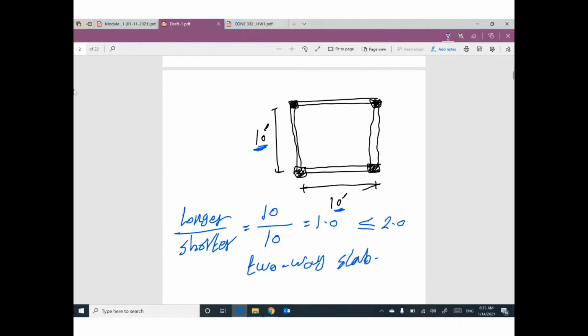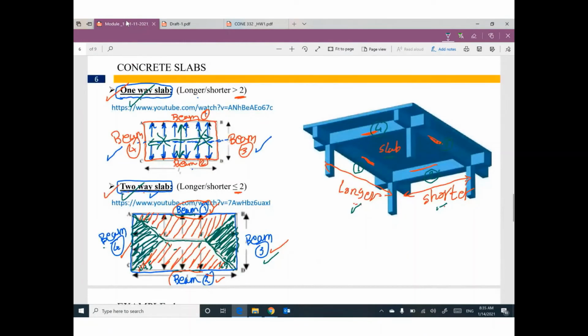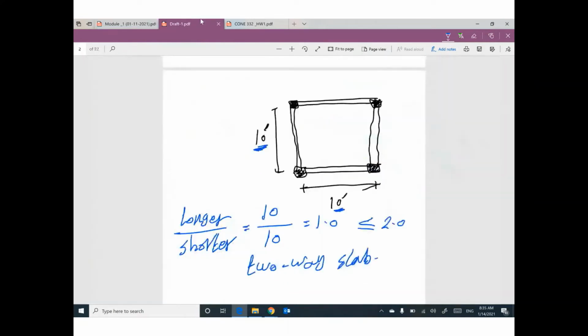Because you told me to divide the longer by the shorter and figure out what is the type of slab based on this relation. What is the problem? We don't have any problem. But if you draw here a line with an angle of 45 degrees, and another line with 45 degrees, and another line with 45 degrees, and you extend these lines, you can find we have 4 triangles.